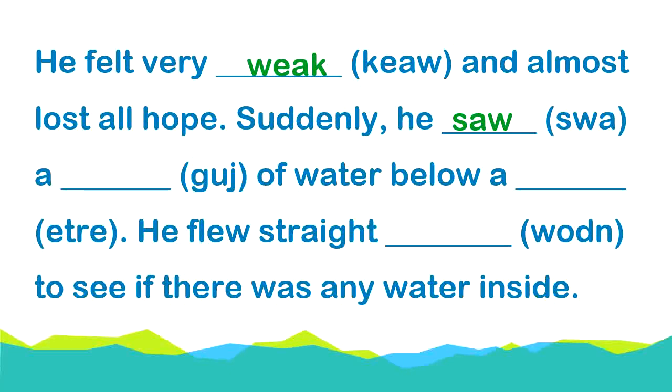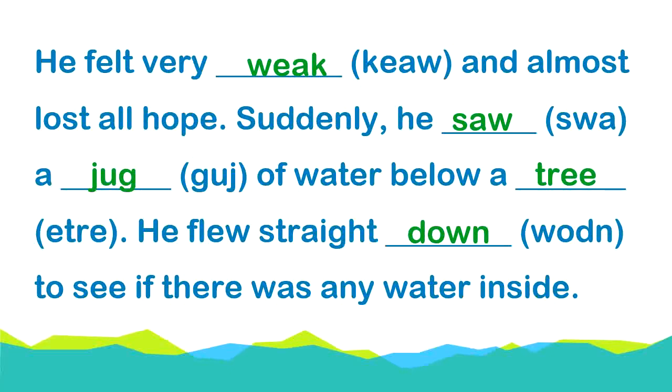Can you make something out of that word? Yes, it's a jug of water. Below a... Where can the jug of water be kept? Yes, it was just below a tree. He flew straight down. You can see the four-letter word given here. To see if there was any water inside.